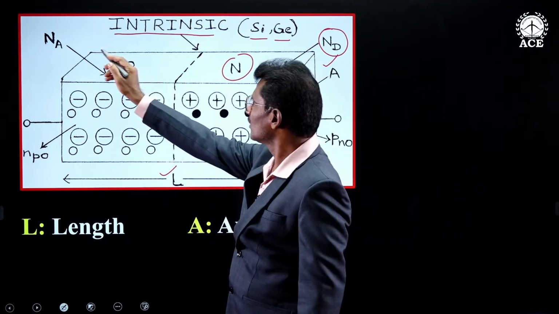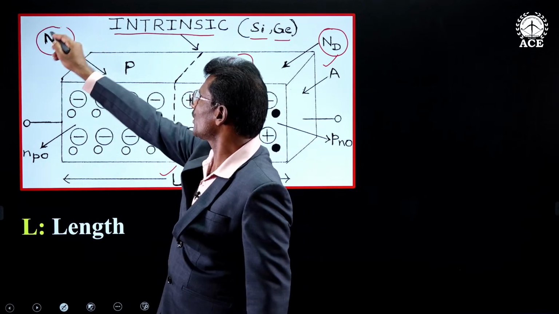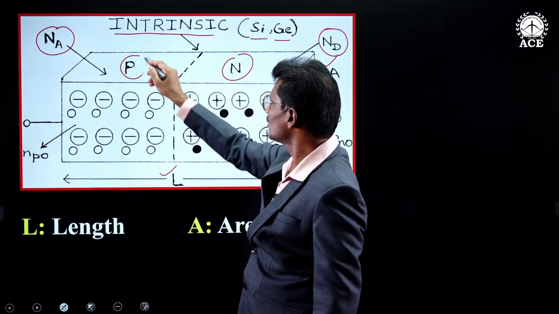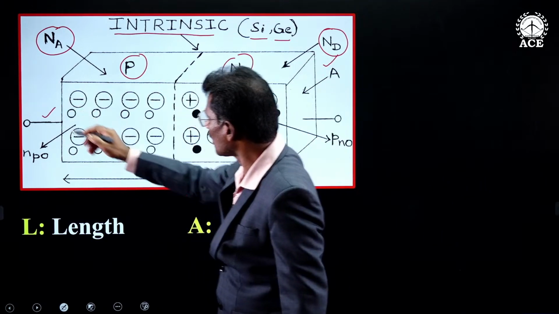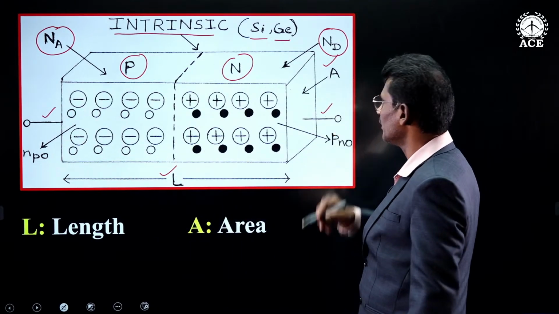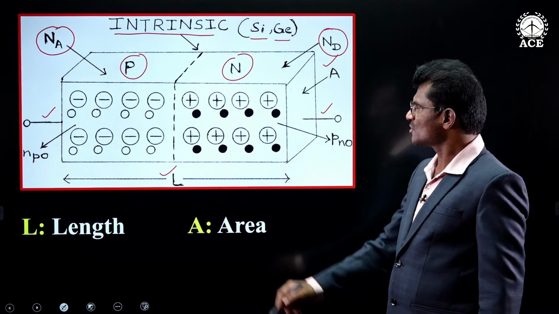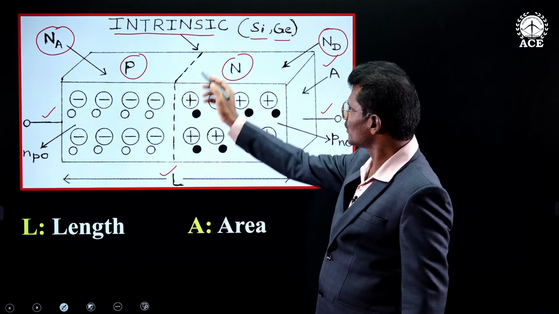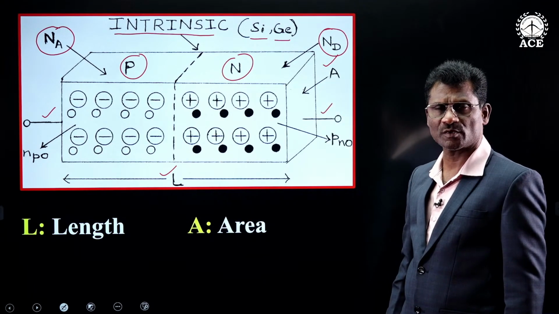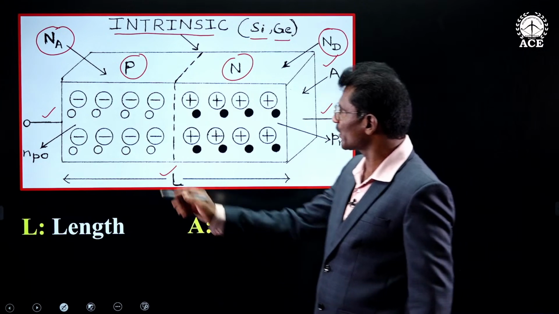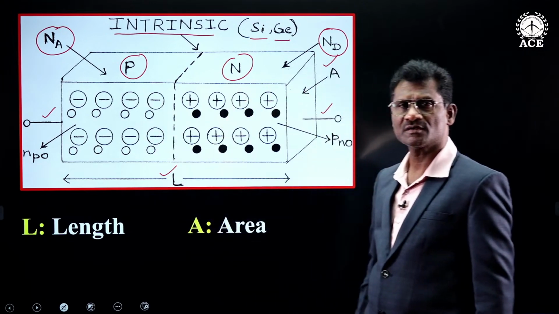At the other side, acceptor impurities are added, making it P-type. Two metallic contacts are pulled out from either end. This central dotted line is an imaginary line drawn for explanation purposes, which separates the P and N sides.